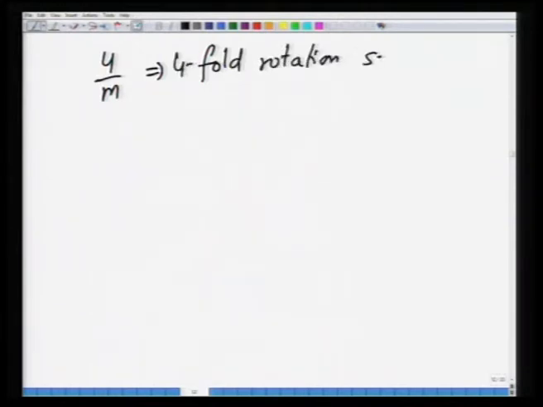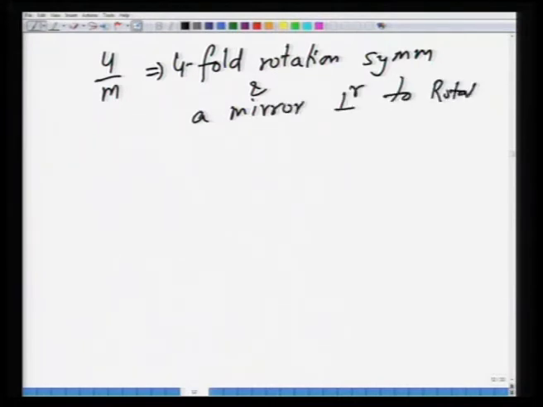If you have symmetry written as 4/m, what it means is that it has a 4-fold rotation symmetry combined with a mirror perpendicular to the rotation axis.